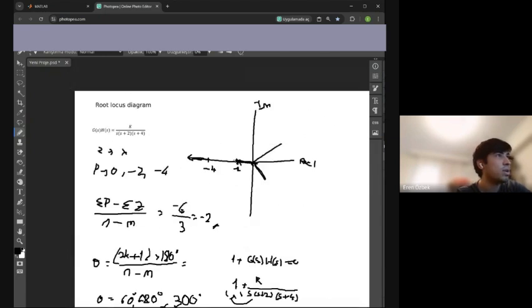We use -0.845. The branches pass through this point, with 120 degrees between them, and if we draw something like this, this goes to infinity. These ones go to infinity too.